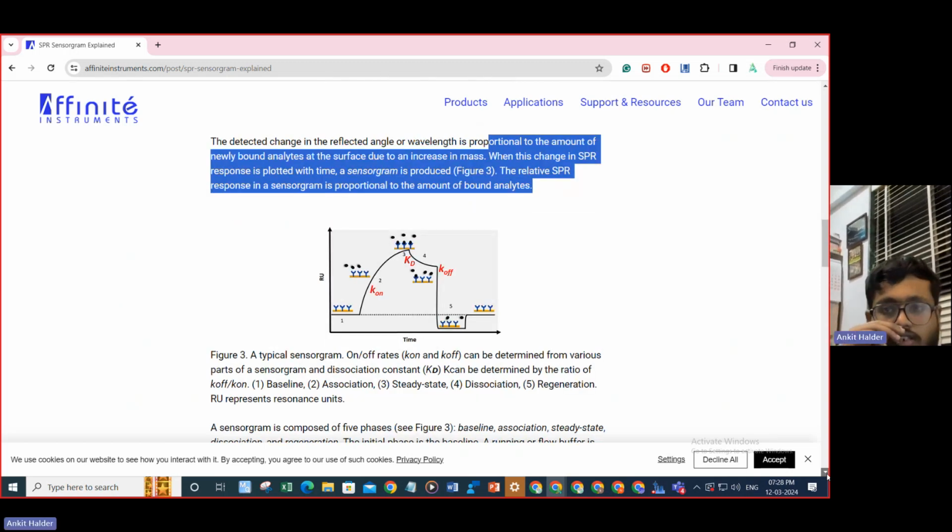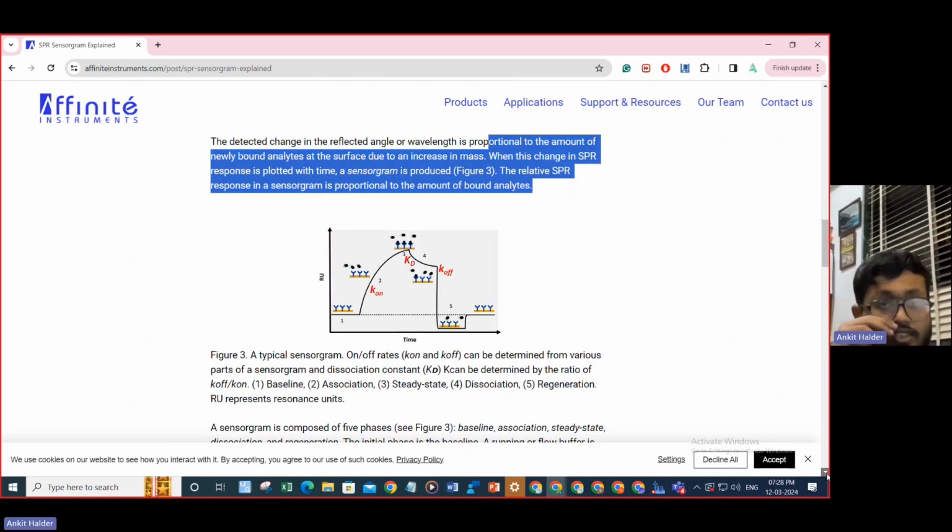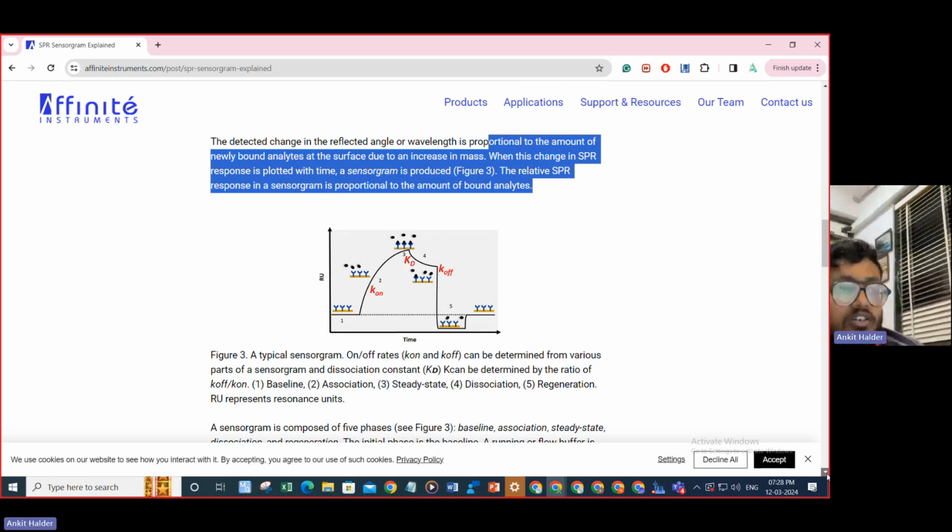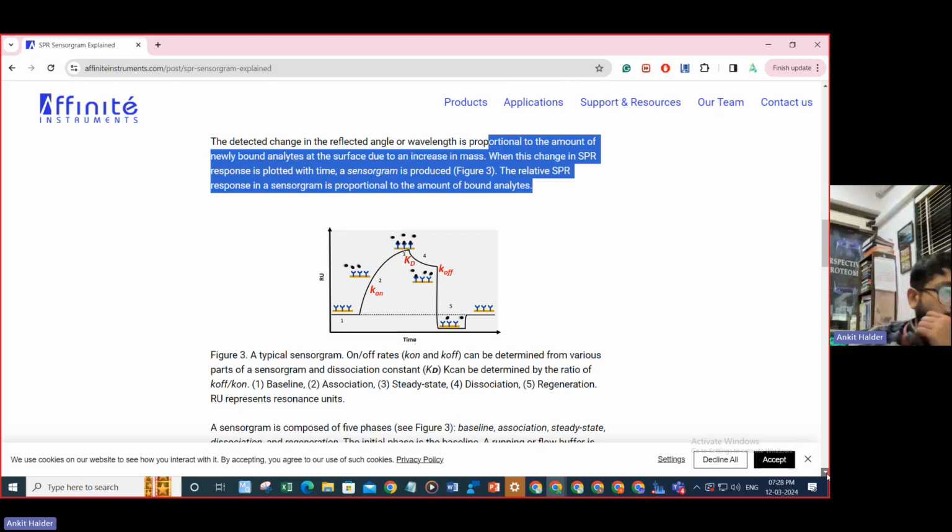So this is a typical sensogram, which consists of on and off rates, the various parts of the sensogram.